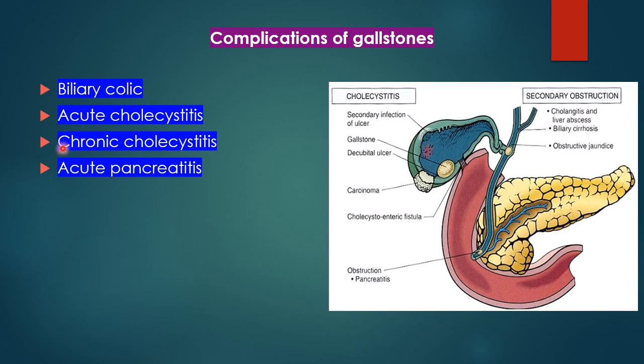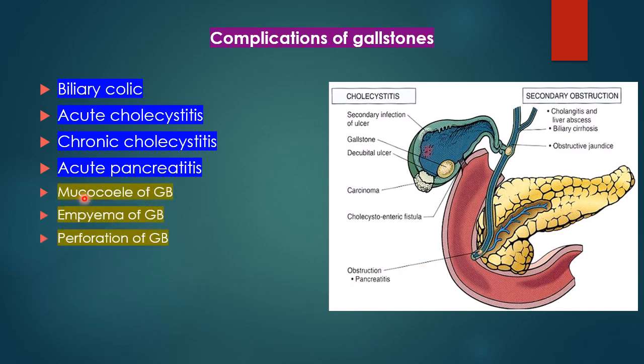Chronic attacks of acute cholecystitis can lead to chronic cholecystitis, and stones obstructing the lower end of the ampullary region cause obstruction of the pancreatic duct and initiate acute pancreatitis. Mucocele of the gallbladder, empyema of the gallbladder, and perforation are all complications of gallstone, especially acute cholecystitis.